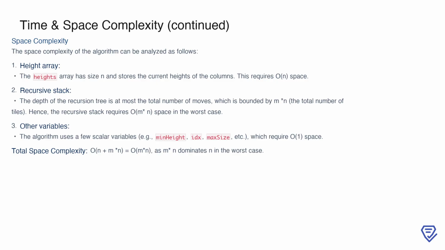This means that the recursive stack requires O(m * n) space. Apart from these, the algorithm uses a few scalar variables like min height, idx, and max size, which take O(1) space. When we combine these components, the total space complexity is O(n + m * n), which simplifies to O(m * n), because the m * n term dominates in the worst case.